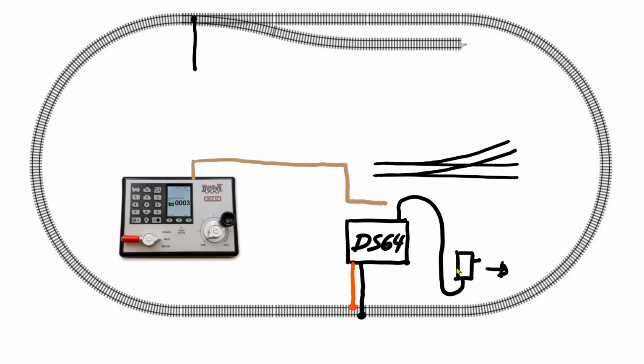Don't pay attention to the different ports on the Digitrax, I try to remember them. That's okay, it's not a big deal. So that's your Loconet, for the signal, just in parallel, I should say.